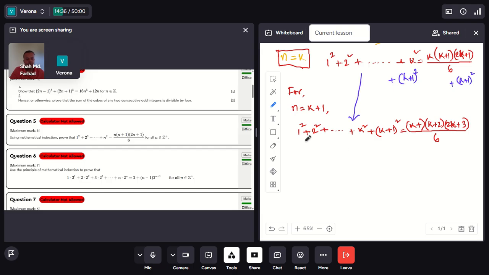Now we have to calculate this part, and after calculating, if we can show that this term equals this, then we can say that the given theorem is proved.